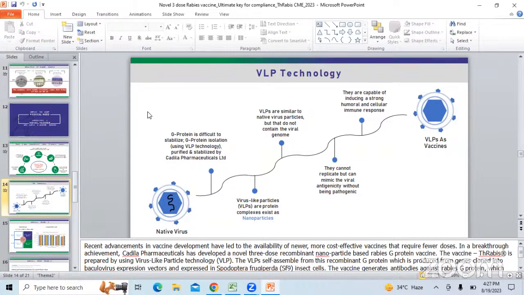VLPs are similar to native virus particles but do not contain the viral genome. They cannot replicate but mimic the viral antigenicity without being pathogenic. They are capable of inducing strong humoral and cellular responses, and later are developed as vaccines.